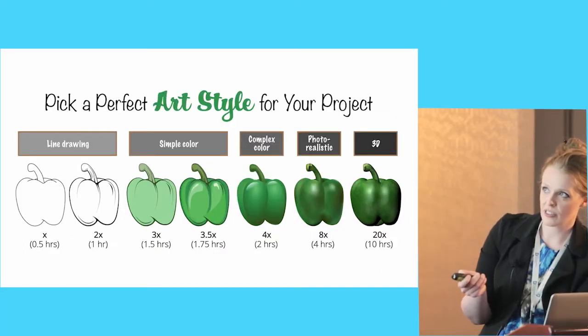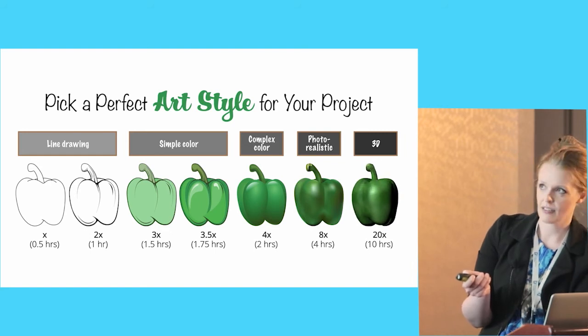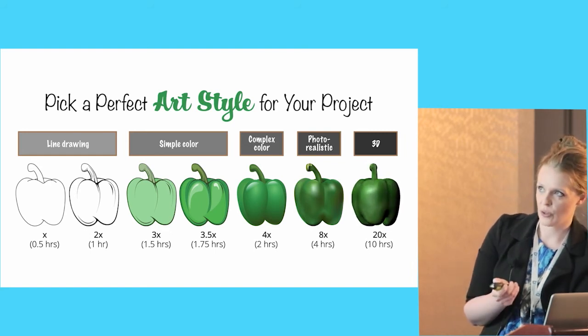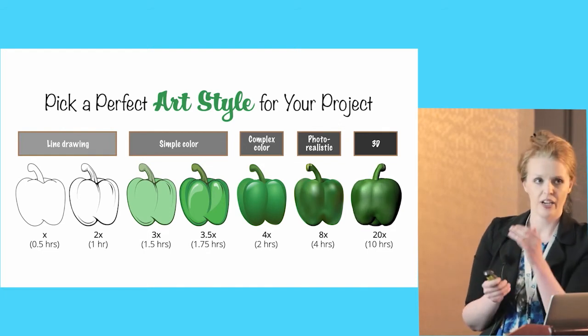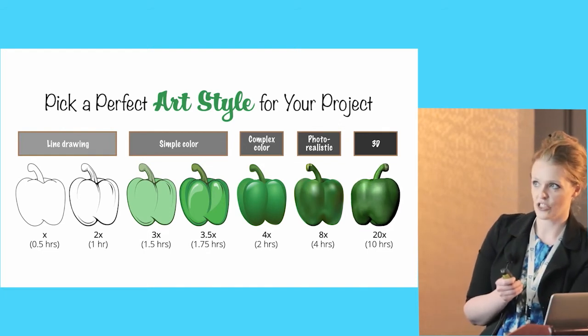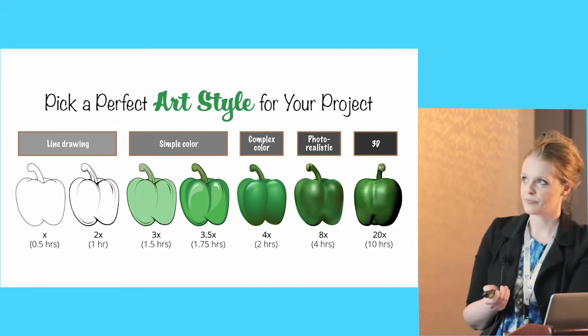It starts with the simplest line drawing, with all of the line weights being the same thickness, and then moving to a version where the line weights are different thicknesses and the ends taper, so to create that effect of light and shadow. Then moving to simple color, where each shape is a solid color, and then moving to maybe 1 to 4 colors.